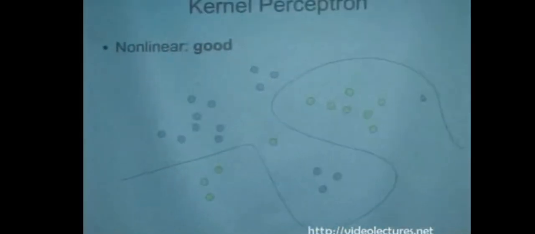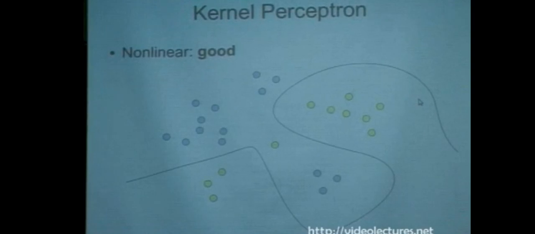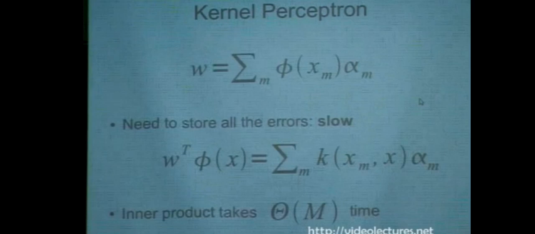If we use the kernel perceptron, we get a nonlinear decision boundary, which is good whenever we have low-dimensional data. As far as I know, for high-dimensional data, nonlinearities become less important because it's pretty difficult for high-dimensional data to be nonlinearly separable. The kernel perceptron algorithm is very nice because it's online.